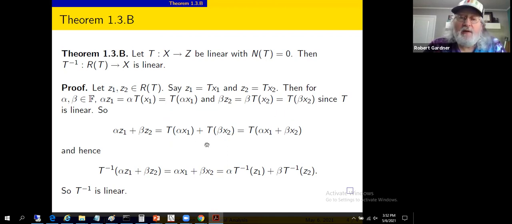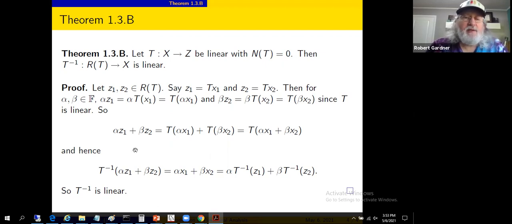Linearity of T, again, allows us to take the transformation of the sum and write it as a sum of transformations. But I'm using linearity here. Again, don't give me anything about factoring or distribution. It's linearity that gives this property here. So now we've got T of a linear combination here.